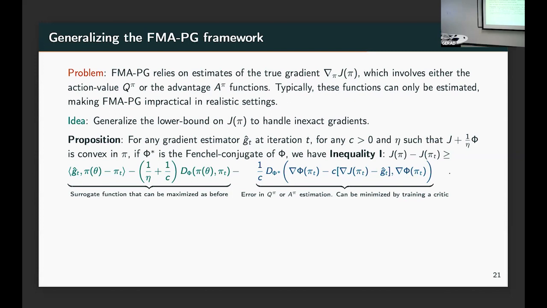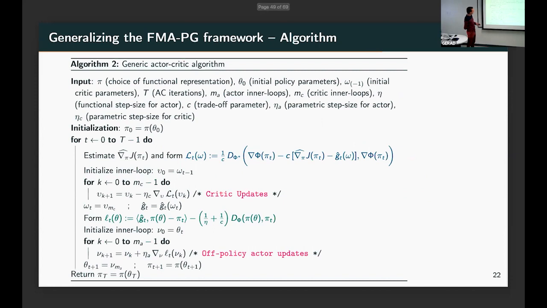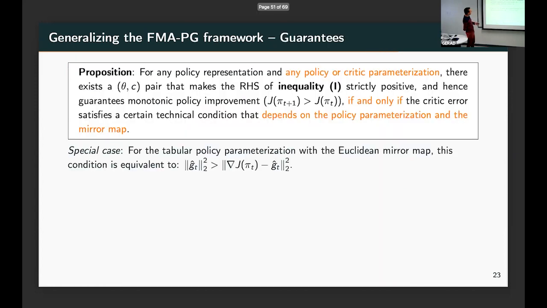So the price you pay for having the wrong gradient is you lose this monotonic improvement guarantee. And the bigger the blue term is, so the more wrong your model is, the more you lose that improvement guarantee. And what we can show is that there's still a way to recover that improvement guarantee as long as your error is not too big.